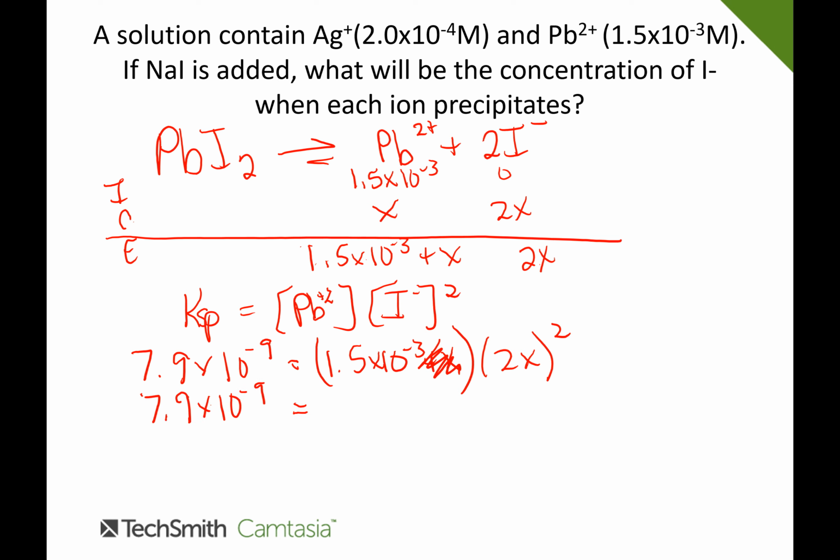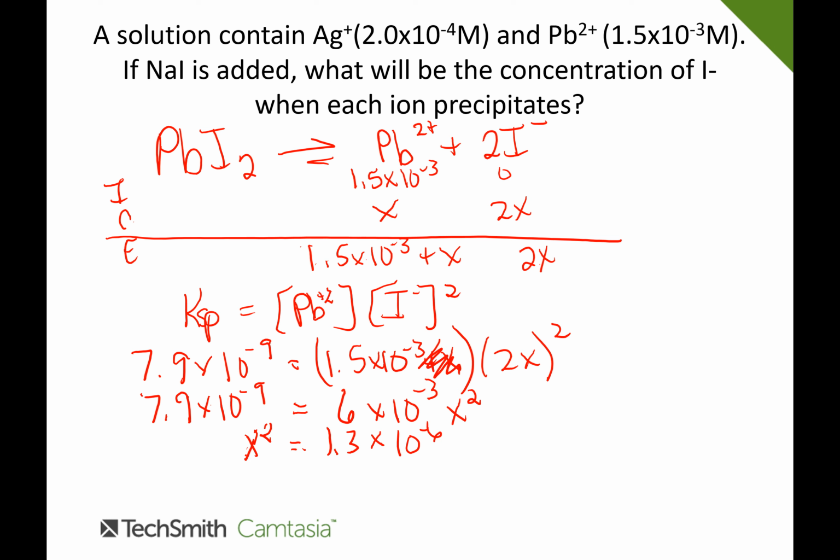So I'm going to take the 4 times this 1.5 times 10 to the negative 3, and I get 6 times 10 to the negative 3 times x squared. So when I took the 2 and squared it, I got a 4, and I took it times the 1.5. Now I'm going to divide the 7.9 to the -9th divided by the 6 to the -3. And I get that x squared is 1.3 times 10 to the -6.